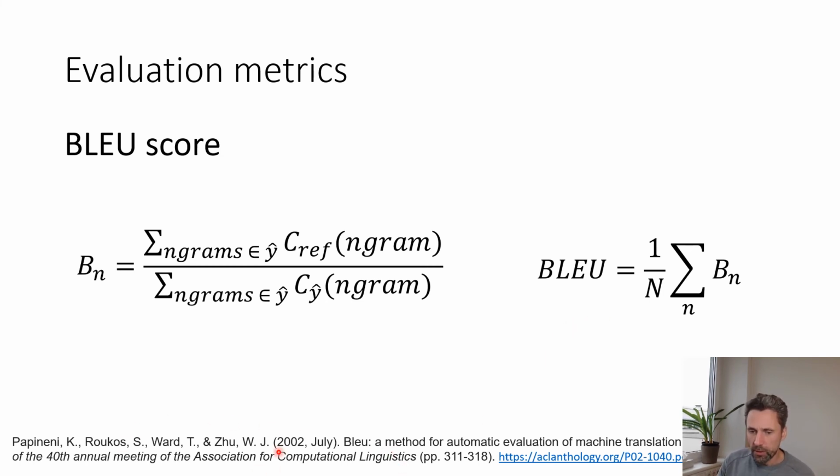But I think this paper is a nice read anyway, so I don't have to give you all the details. There are also a couple of other metrics you will find, METEOR and CIDEr, but I think BLEU is the most widely used and still the reference everyone states in their papers.